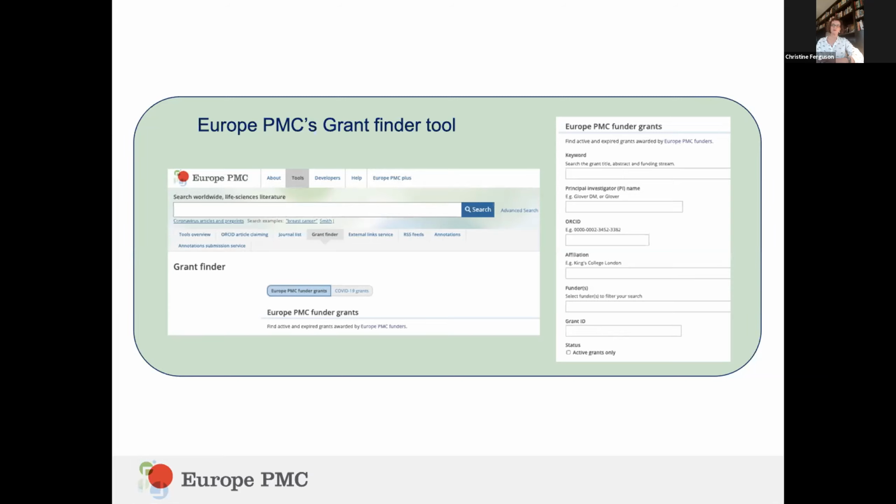You can search by PI, their ORCID ID, or their institution. You can search by the funder or the grant ID or by keyword. In 2019, only last year, Europe PMC began to incorporate DOIs for Wellcome awarded grants held in the database. So the question becomes, how do you link grant DOIs to publications? Next slide, please.